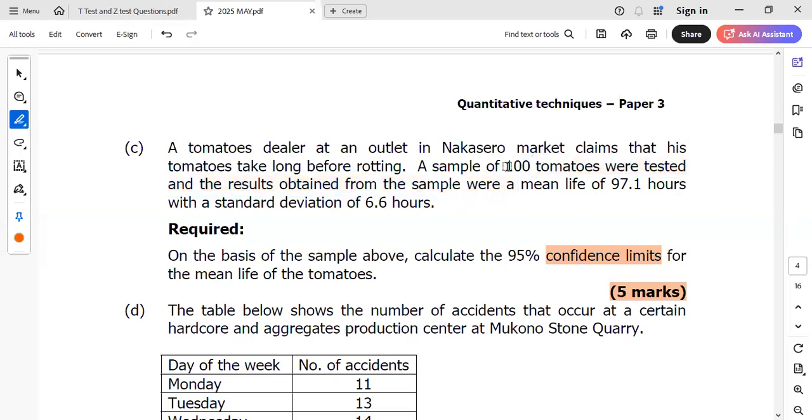Are you using the Z-test or T-test? Z-test. We are using the Z-test. The results obtained from the sample give a mean of 97.1 hours and a standard deviation of 6.6 hours.